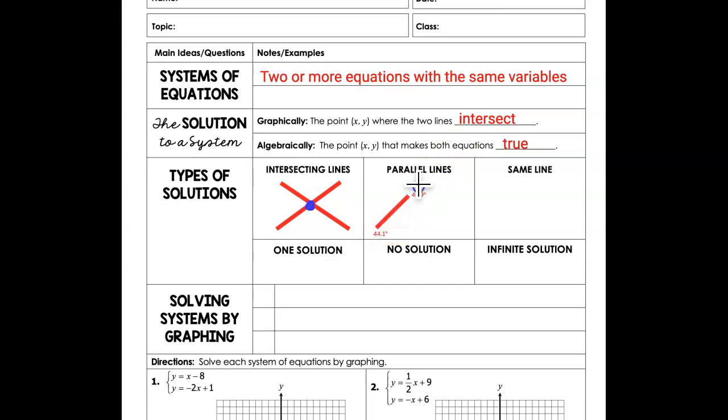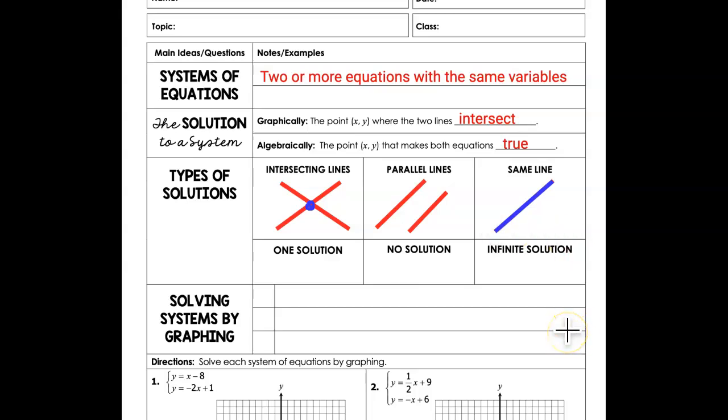If we have parallel lines, they will never intersect, and so that will have no solution. And if the equation ends up being the same equation, so I have one line, and then the other equation is the exact same line, that means that there are infinite solutions. Every point on one line makes both equations true.